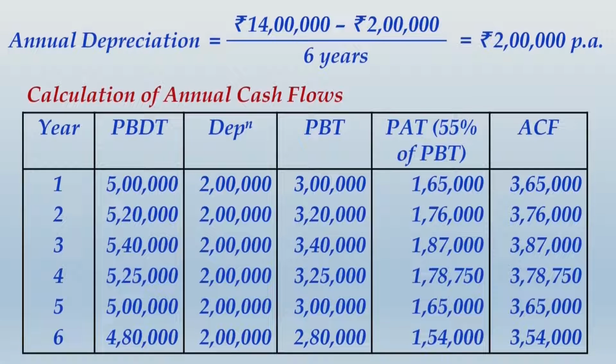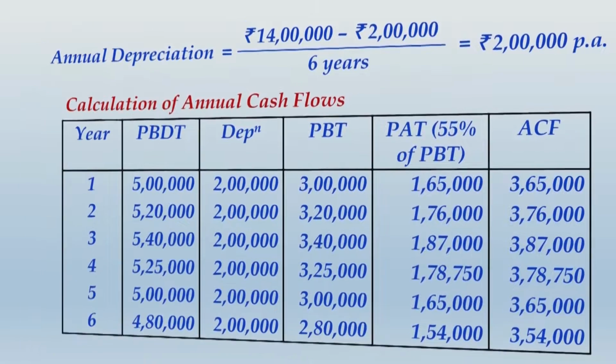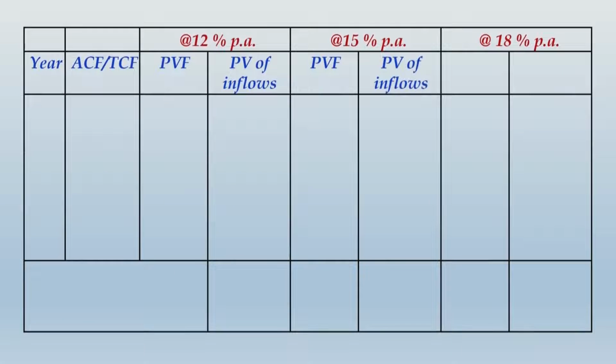Now once we have obtained the annual cash flows, we are simply going to compute the net present value, but this time we have to apply 3 different discounting rates. So let me show the summarized calculation through one singular table which is presented in this style. So I will be showing you first the calculation of NPV at discounting rate of 12% per annum.